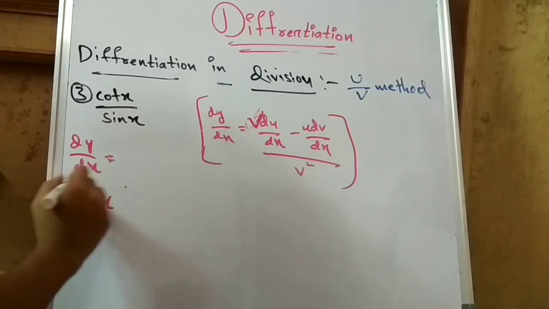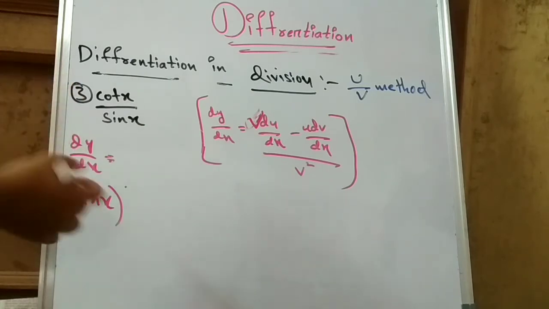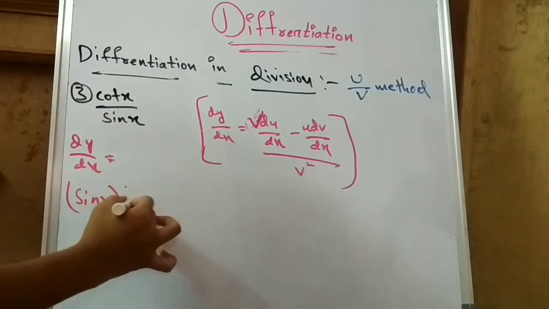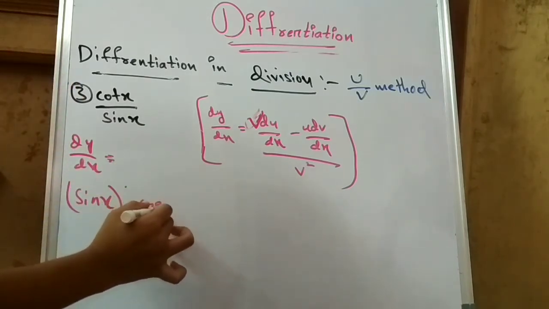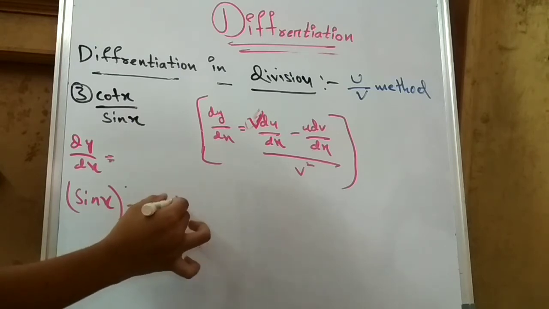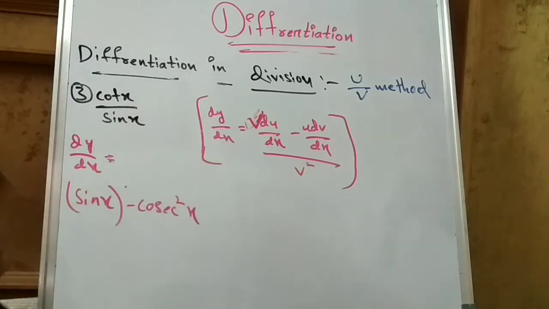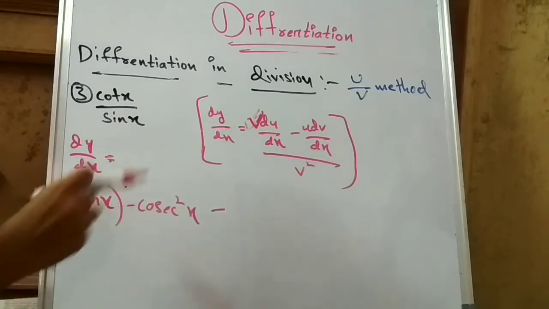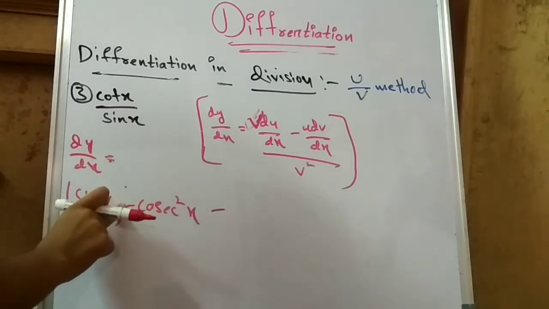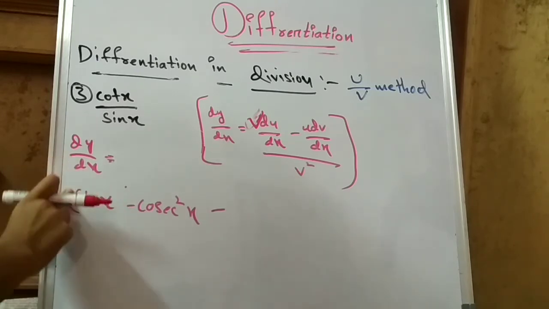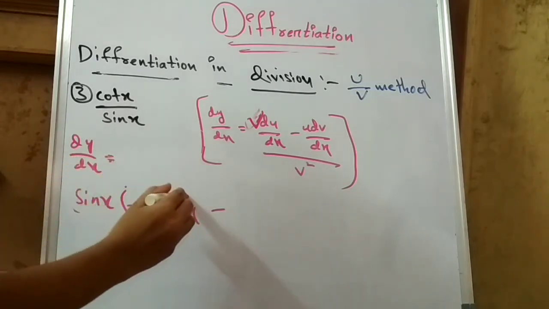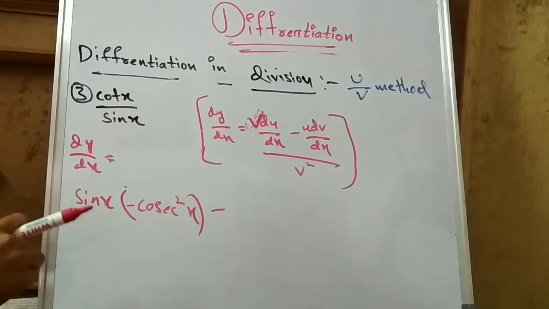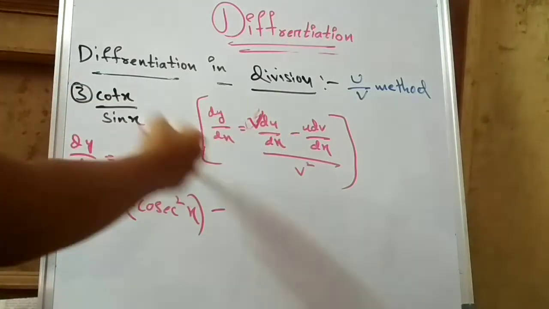Then cot x is equals to minus cosec square x. This now minus. We'll keep bracket here. Okay, so it will become easier. Yeah. Now we need u. U is cot x.